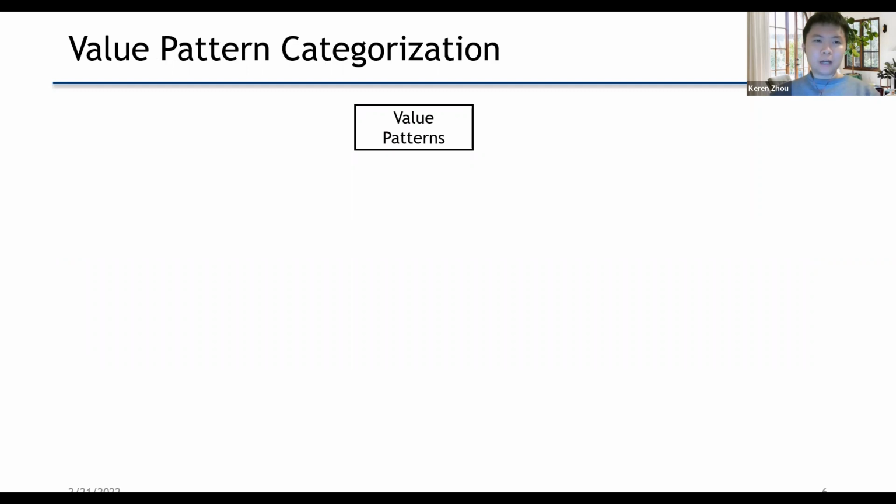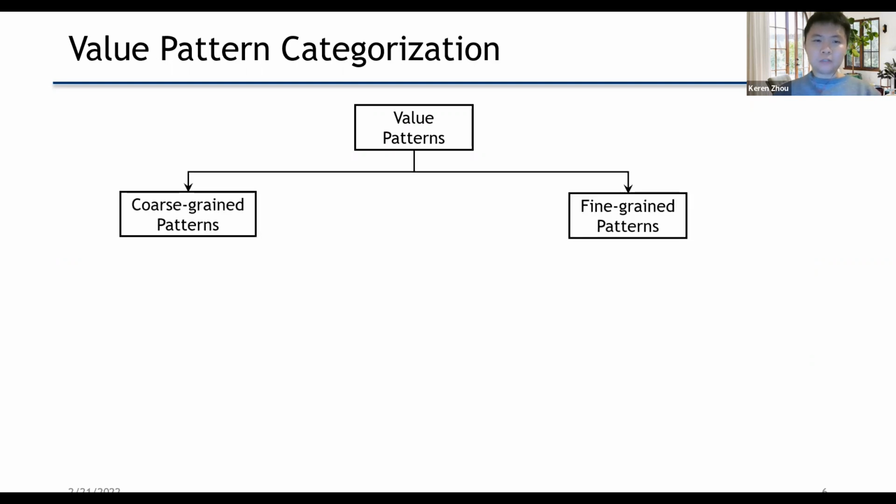ValueExpert categorizes many value patterns. On the high level, we divide value patterns into coarse-grained value patterns and fine-grained value patterns. Coarse-grained value patterns happen at each GPU operation. Fine-grained value patterns analyze value accesses within each GPU kernel.